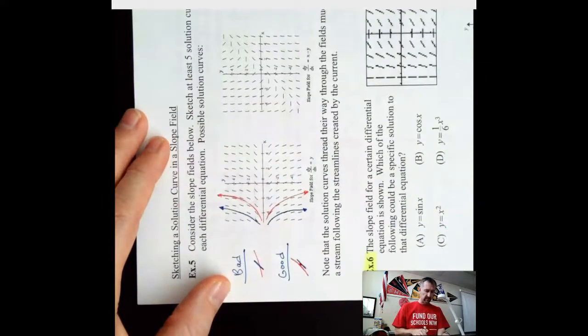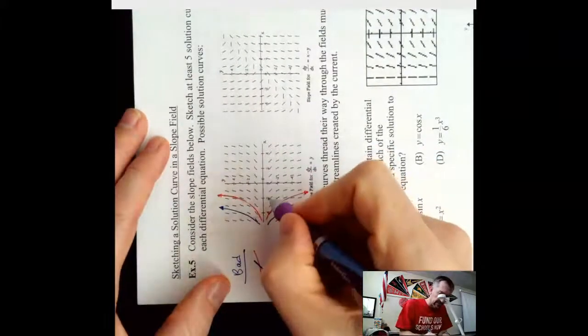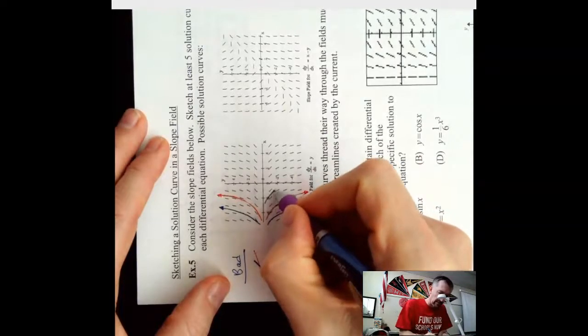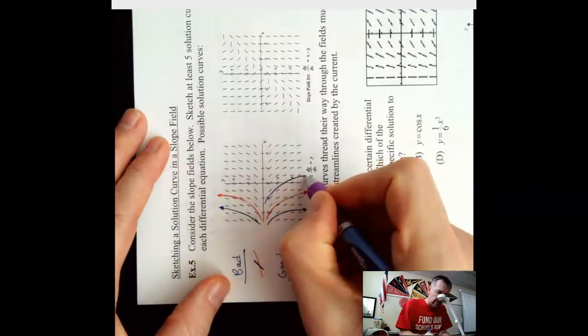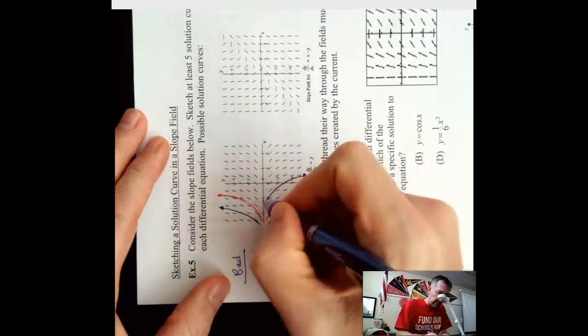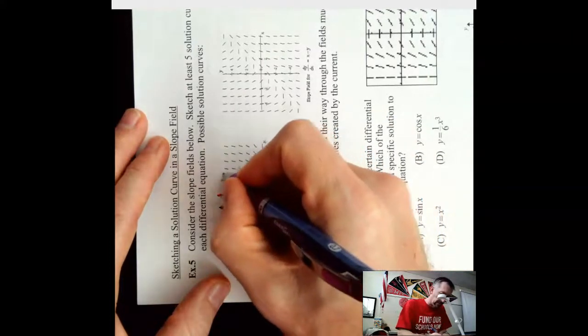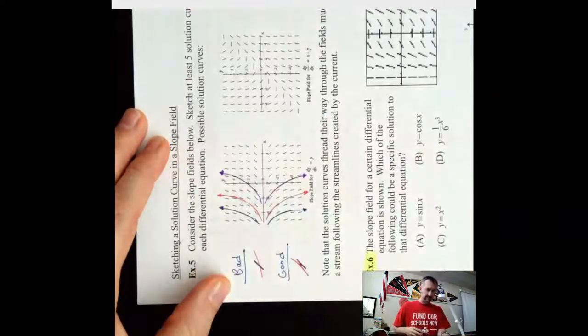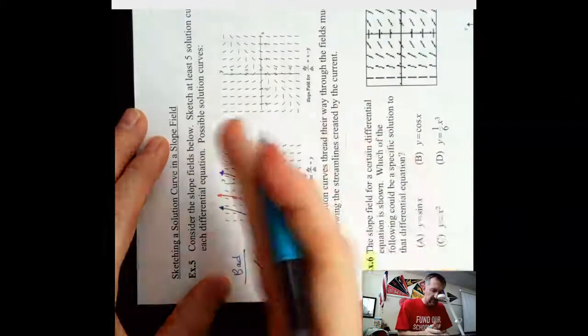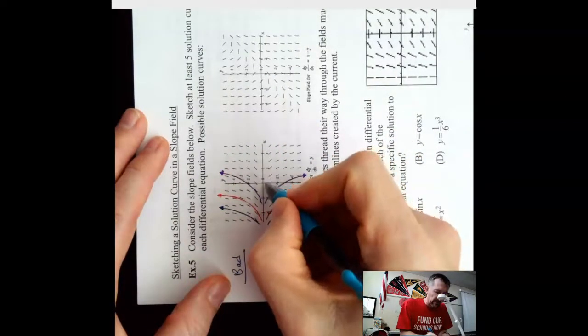So you can see I'm not really cutting across the tangent lines, the tangent segments there. We can scoot up more here. Something like that. These should be symmetric. I'm not doing the best job there.